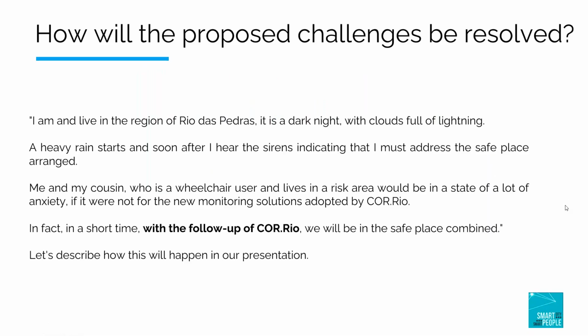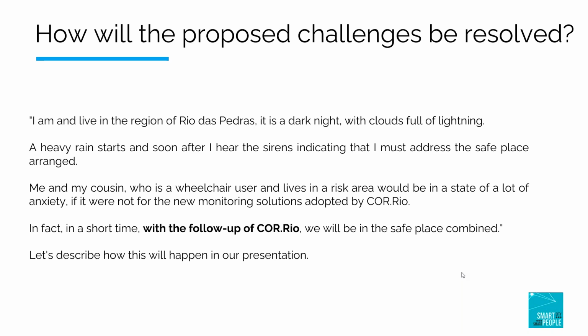The story begins with a small story that we created, just to exemplify a situation that we have here in Rio. We have two different regions, and in one of them we have flooding problems, and in the other one we have sliding.